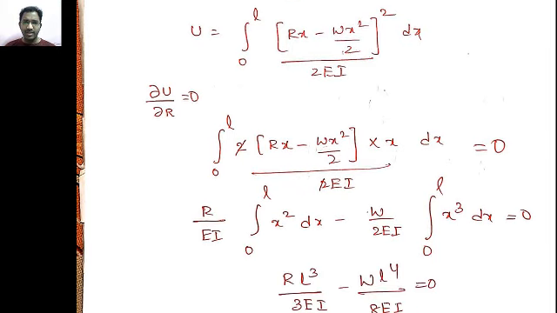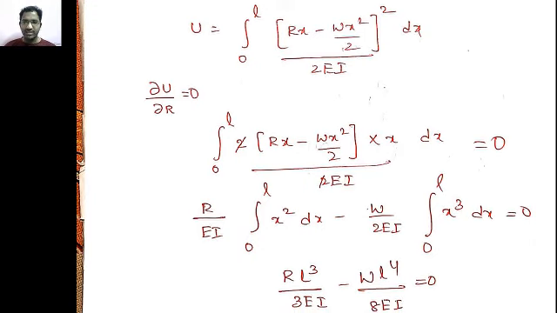When you separate the terms and multiply them, finally I got this expression: x into x square, and x into x square gives w x cube. So I am separating R by EI, integral 0 to L of x square into dx, minus w by 2EI, integral of x cube into dx.